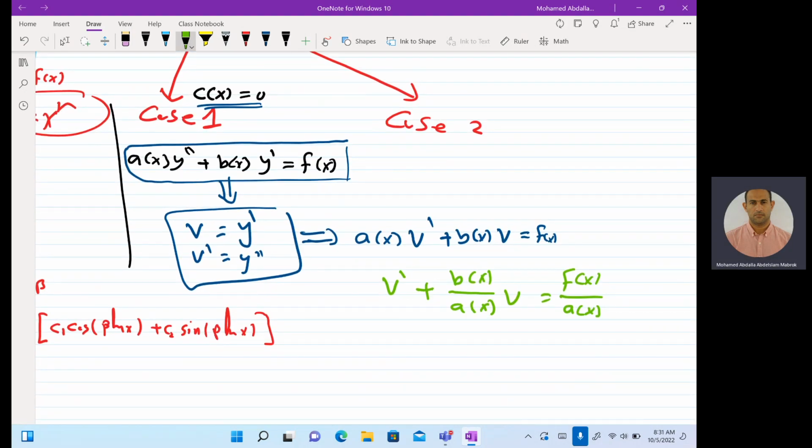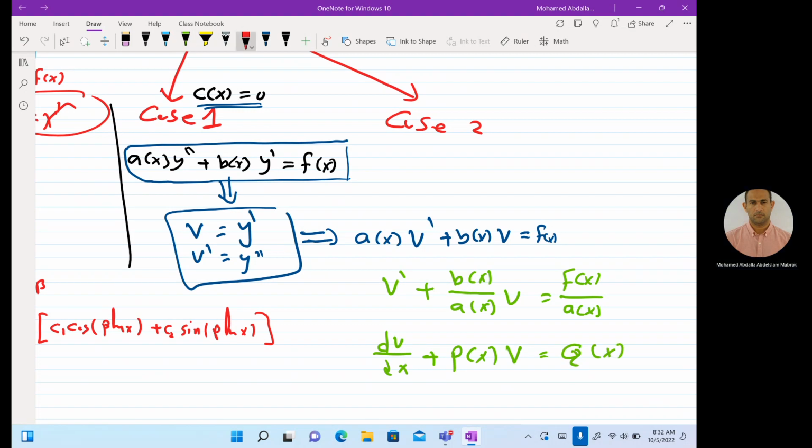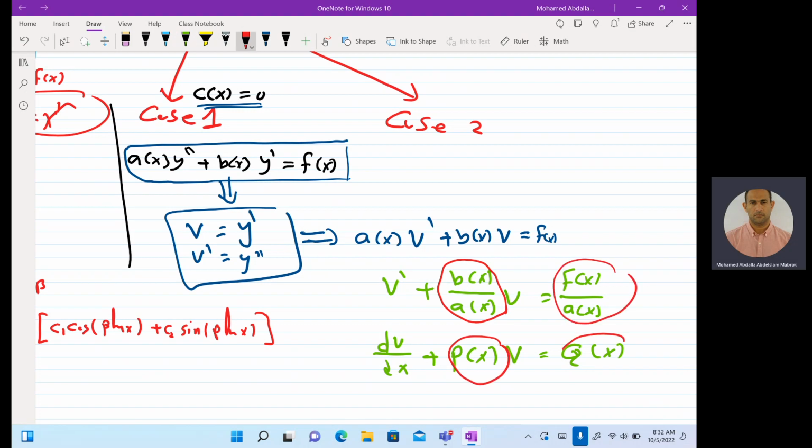And this looks familiar to us, which is a linear first order differential equation. We just need to write it as dv by dx plus b of x v equal q of x, where this is b of x and this is q of x.